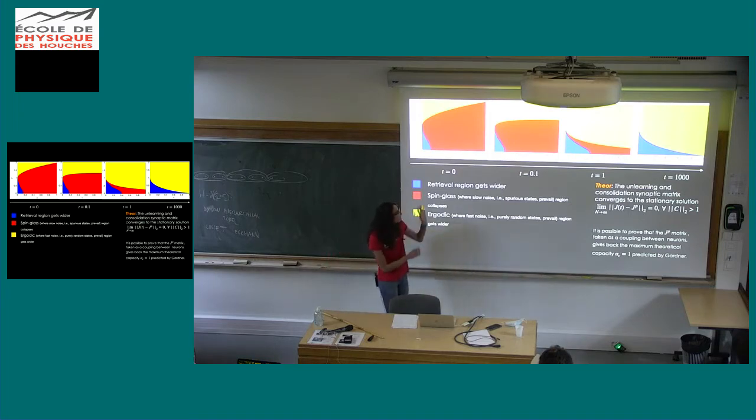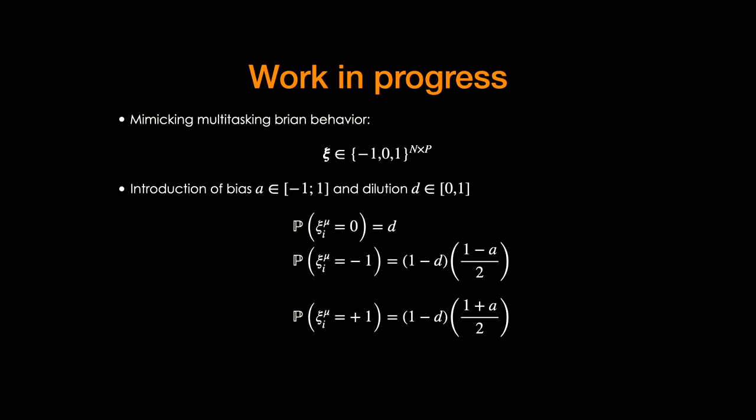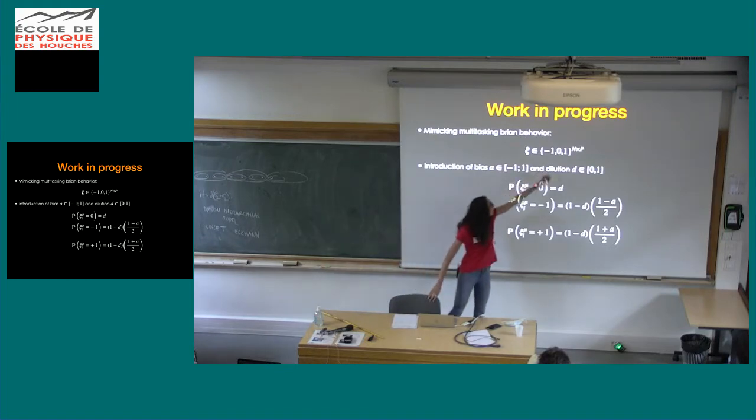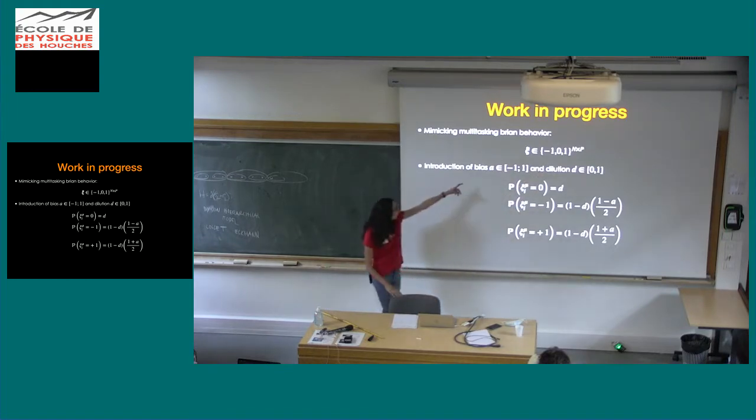So at the end, we have this neural network here, and then I will try to explain what I'm doing right now. But this is work in progress, so I don't know yet. The idea is to extend this model by putting the 0 right here and an additional bias.